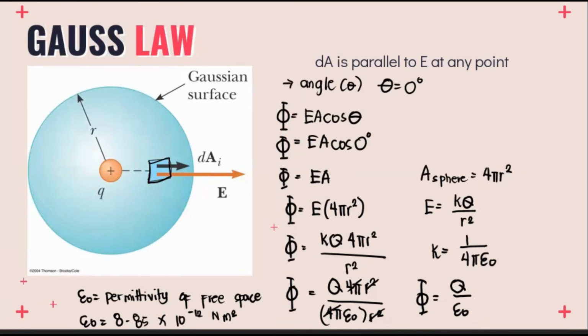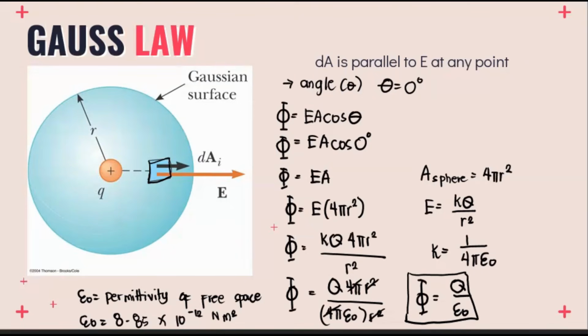So, that is for a single charge, okay? Using Gauss law, calculating electric flux density on a Gaussian surface or at a closed surface with a single charge, we use this equation.